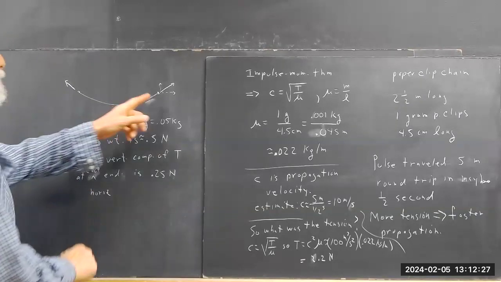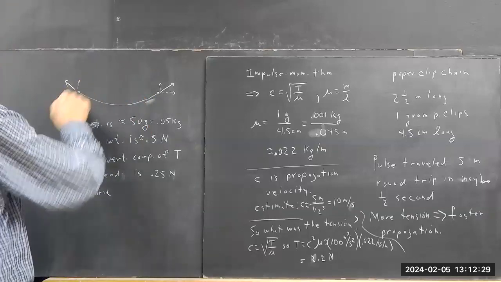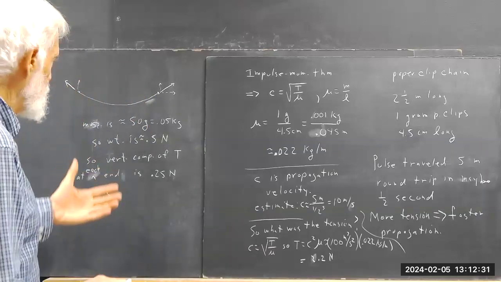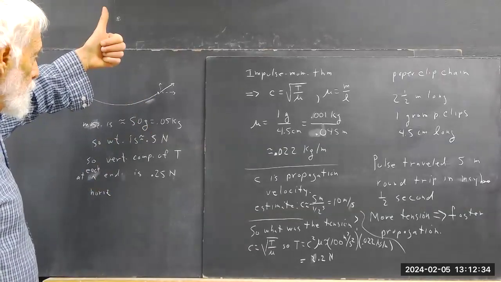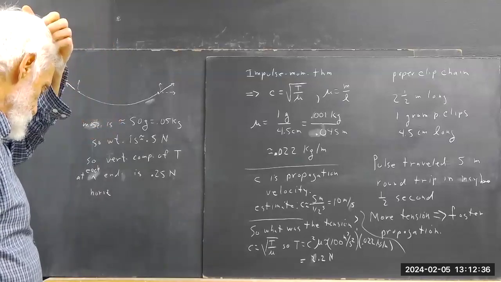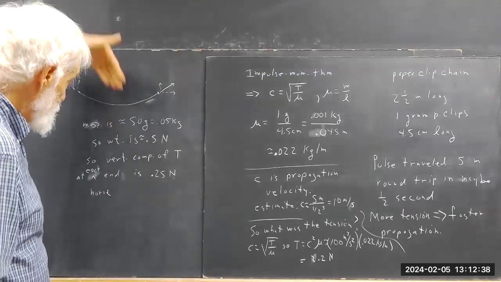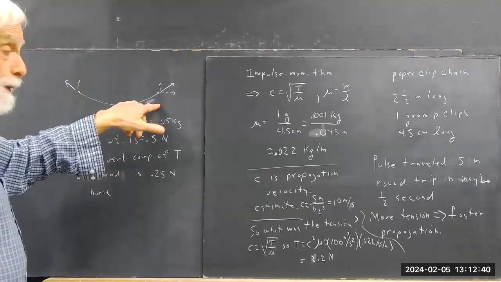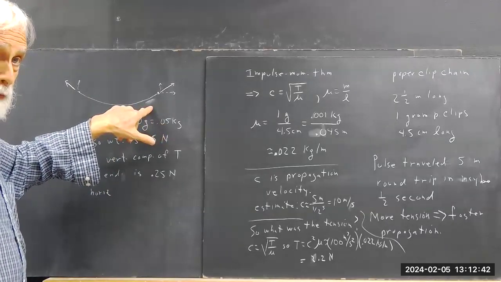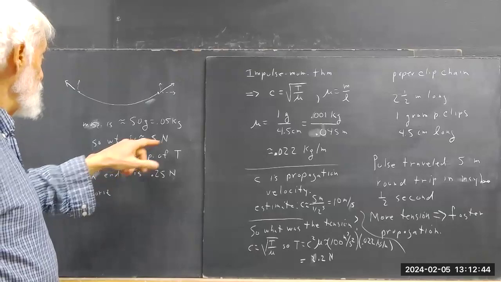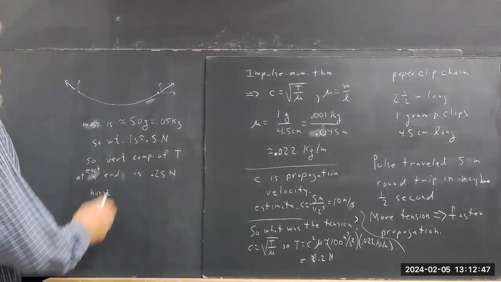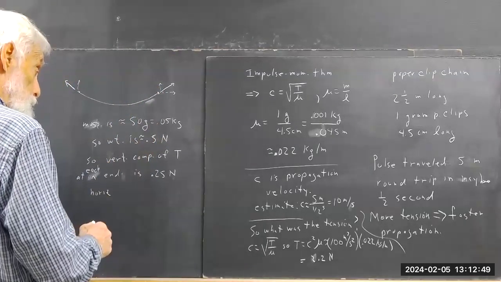Because it's the vertical component here and the vertical component here that constitute all the vertical forces other than the vertical force exerted by gravity on the chain, and the vertical force exerted by gravity on the chain is half a newton. So each of these has to be a quarter of a newton.